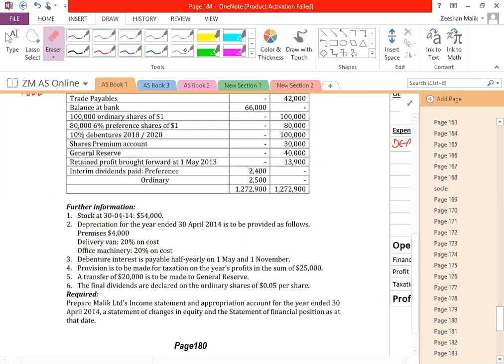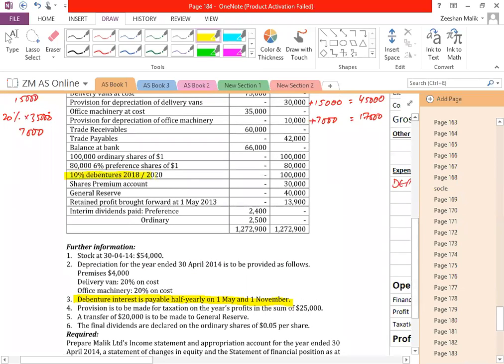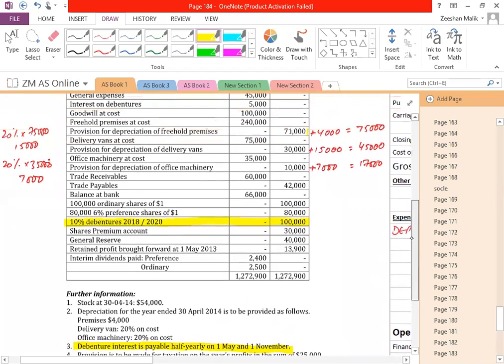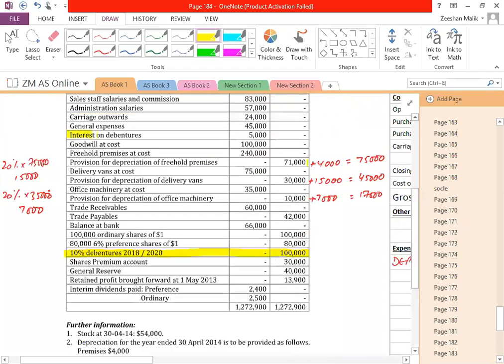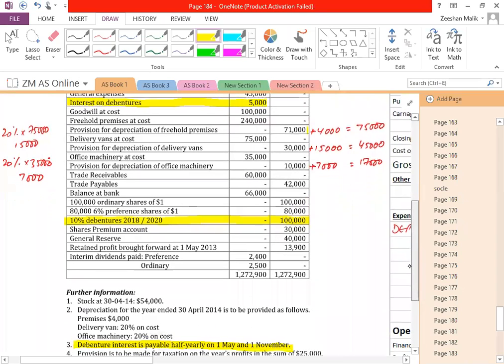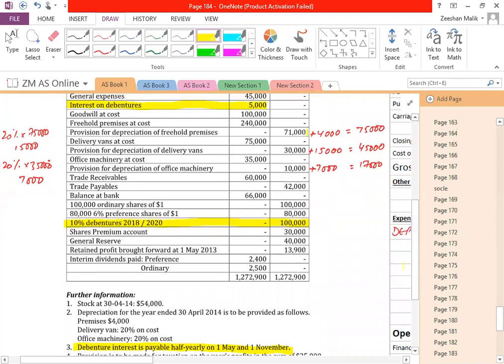The third adjustment belongs to debenture interest. Now you have to identify the debenture. Here we have a debenture. Do you have debenture interest in the trial balance? Look here, so it will be easier for us. I have highlighted the debenture interest adjustment. There are 3 items which I marked.